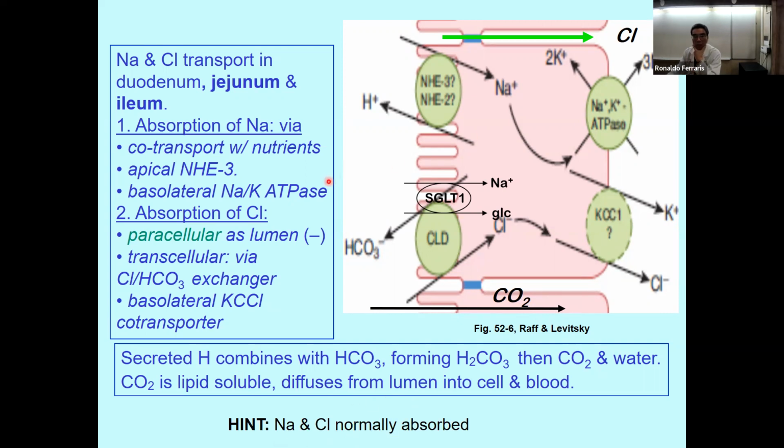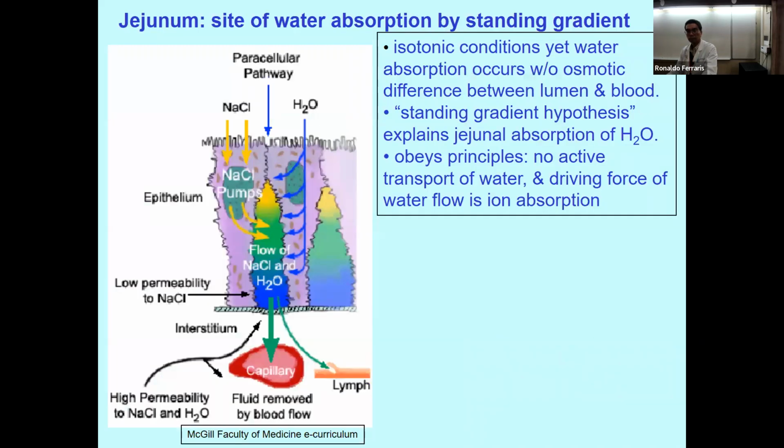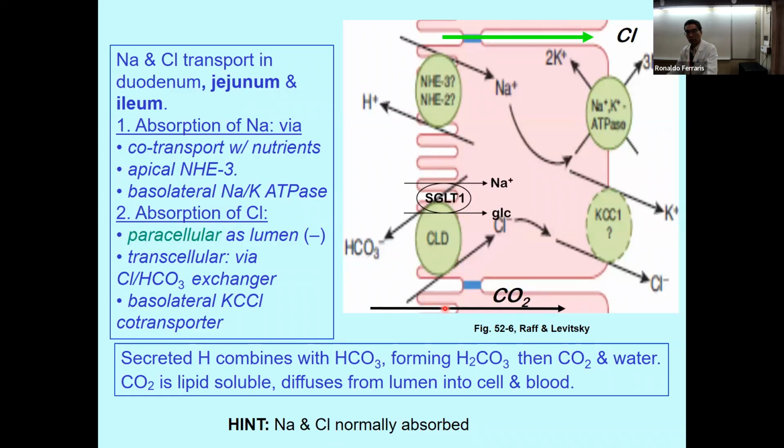So as you can see from this depiction, sodium and chloride are almost always absorbed from the lumen into the cell, and from the cell into the blood side. And CO2 is then brought to the bloodstream and expelled in the lungs.